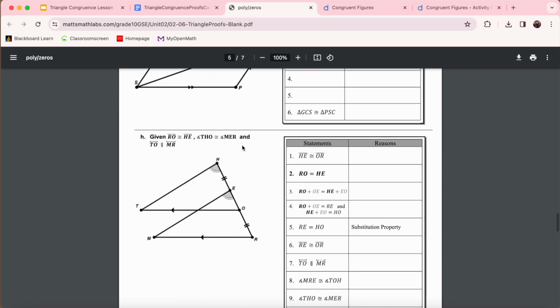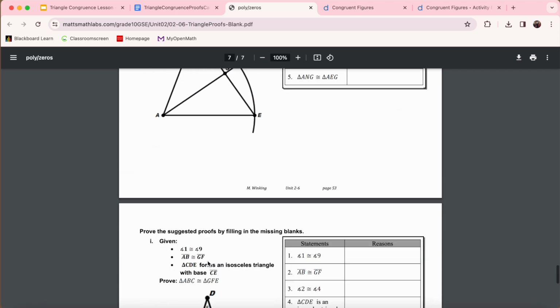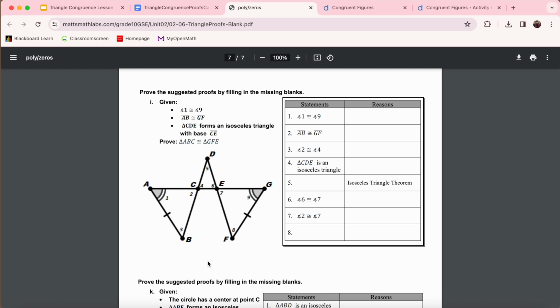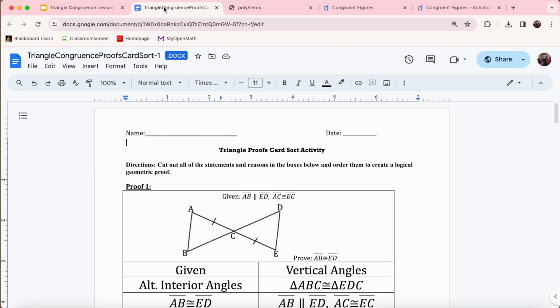And then H could be a bonus, if you will. There are other ones that are on here. I feel like I would go over these together as a subsequent lesson or as extra above and beyond for now.